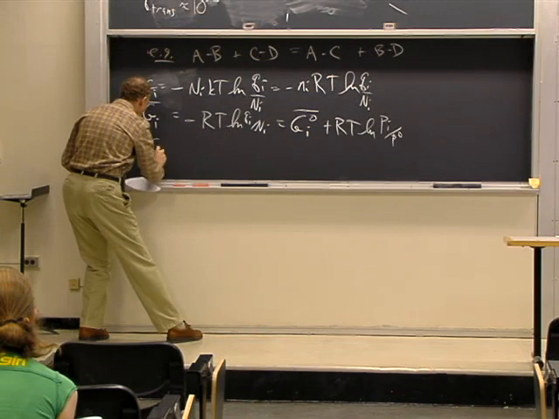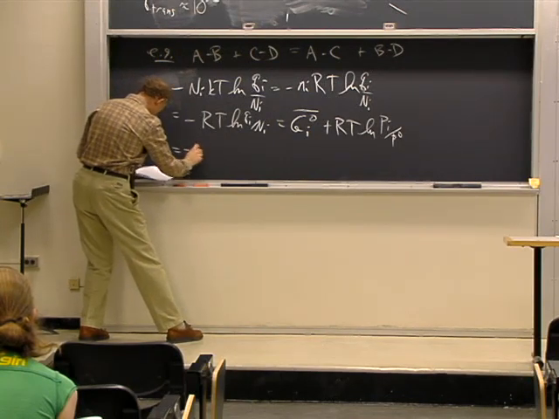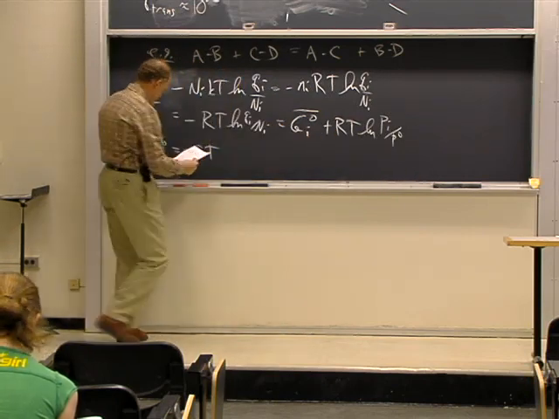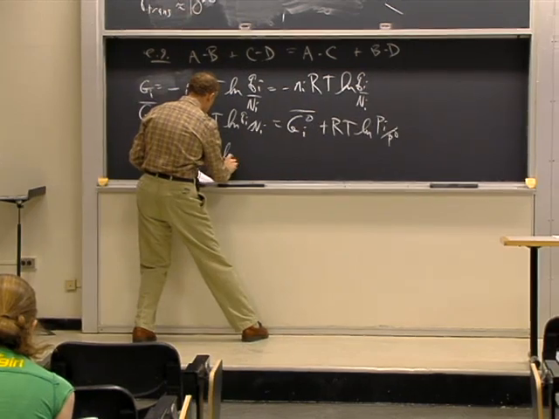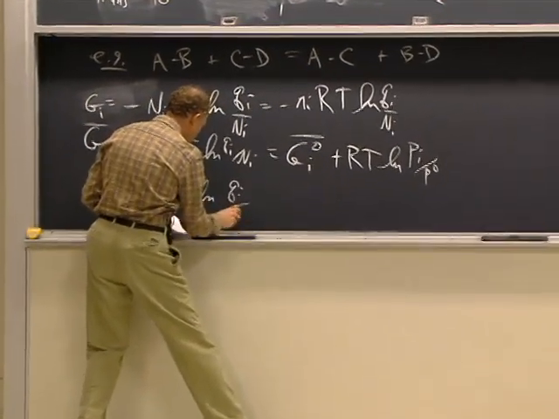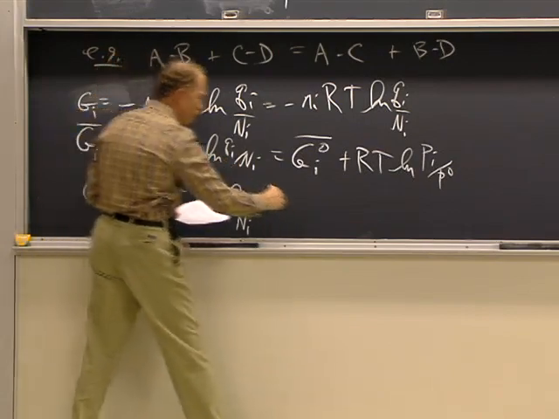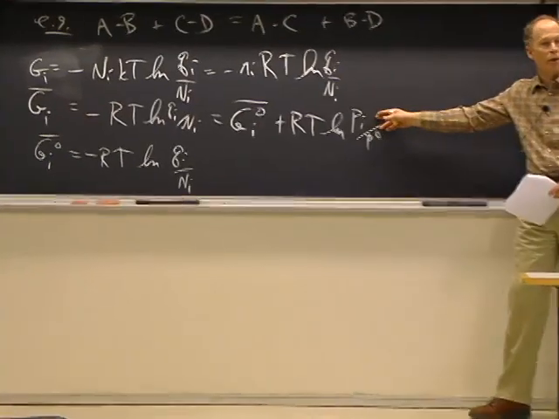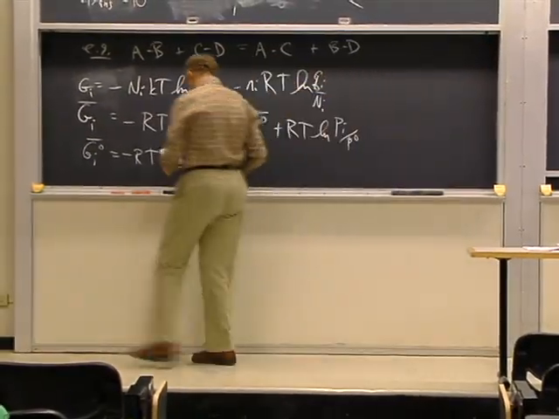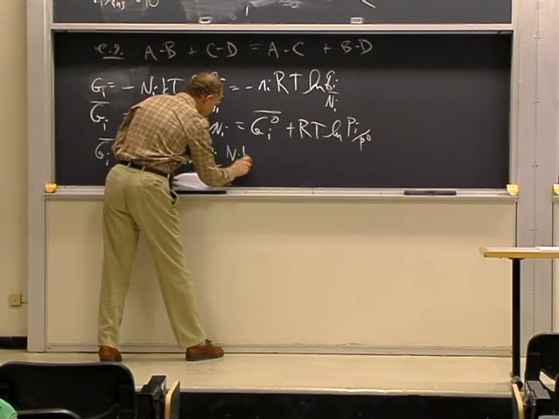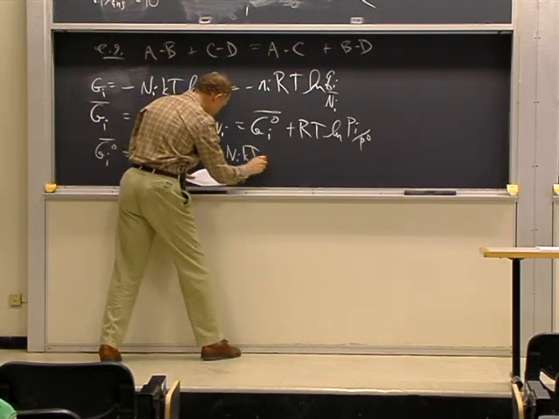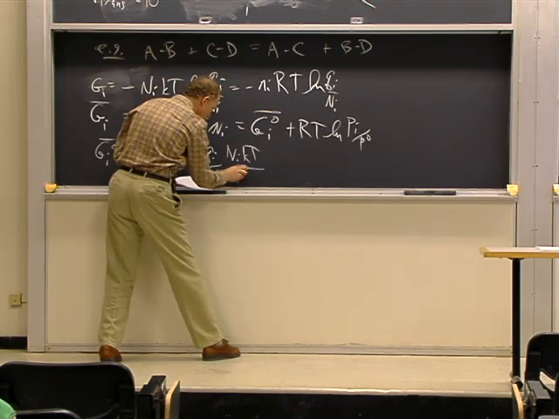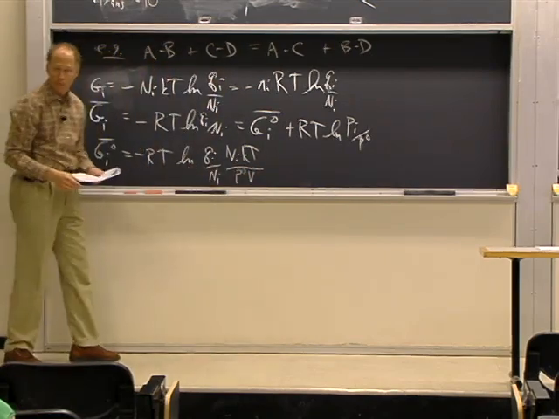So that means Gi naught bar is minus RT, and I'm going to take this minus this and combine them. So it's log of Qi over Ni, that's this part. And now I've got log of Pi over P naught, and I'm just going to use the ideal gas law. Sorry, so I'm going to use PV as nRT. So then I've got Ni kT over my factor of P naught times the volume, right?